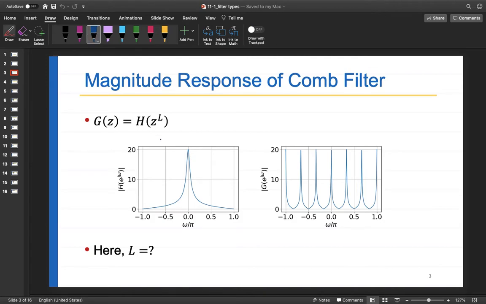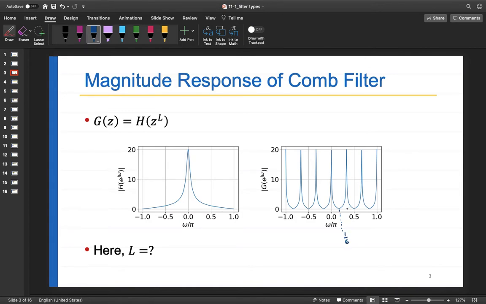Now a question can be asked, what is the value of L here? So to compute that, you see what is this? ω. If this is 1, this is π basically, ω upon π is plotted here. So this is π, then 1, 2, 3, 4, 5, 6. So this is 6 times this, so this is 1 upon 6, right?